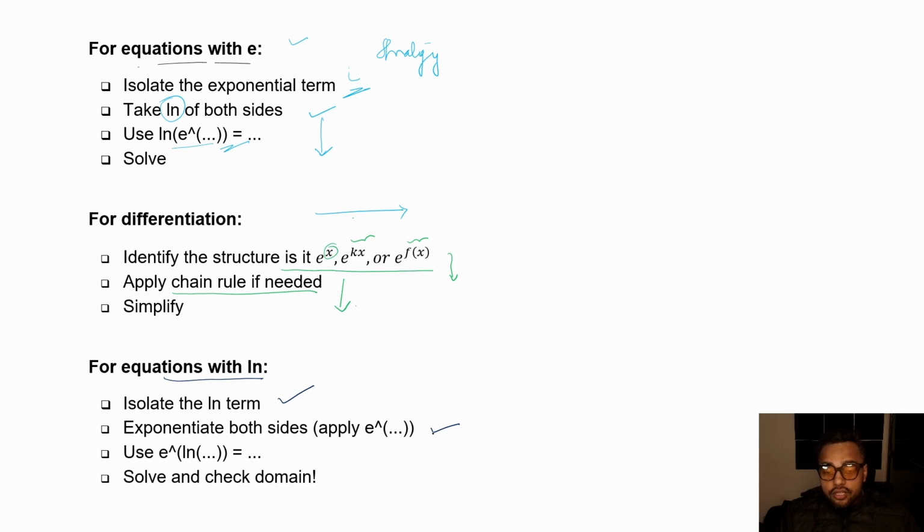Because in the majority of cases the power will come out as a multiplier, so it will be helpful for us and we will get the real value. So this is what I've written here, and you use e raised to the power ln. It means that the two properties which we have discussed for the logarithmic properties will be applied here, and afterwards solve and check the domain.